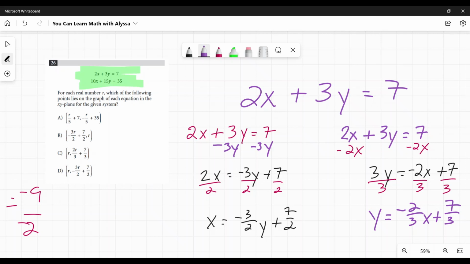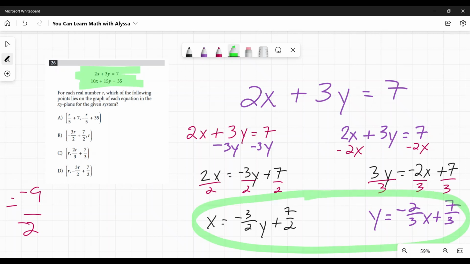All right, first, look at my two final solutions that I got here. Do you see anything over here that's similar to that? First one, I don't see anything that's similar to what I just got. Next, I have a negative 3r over 2 plus 7 over 2. That's very close to this right here.